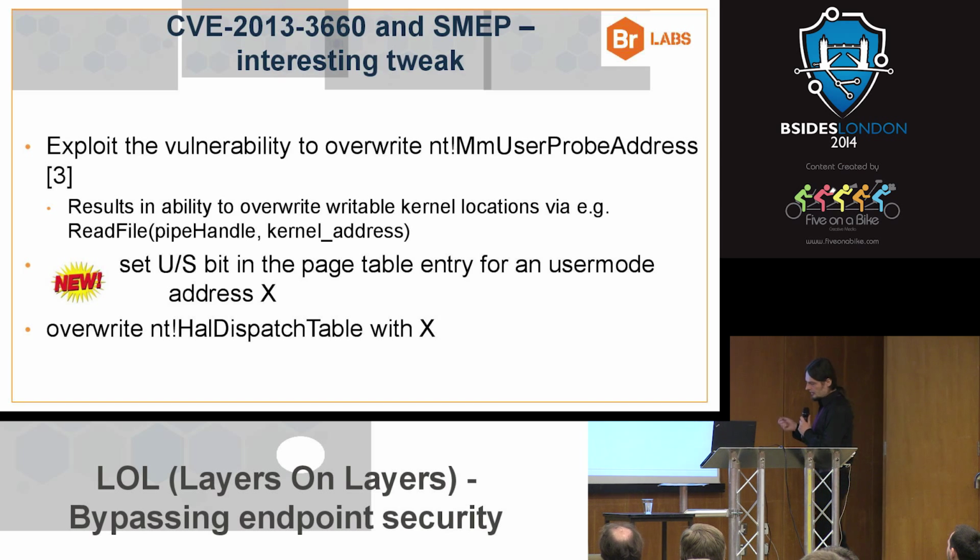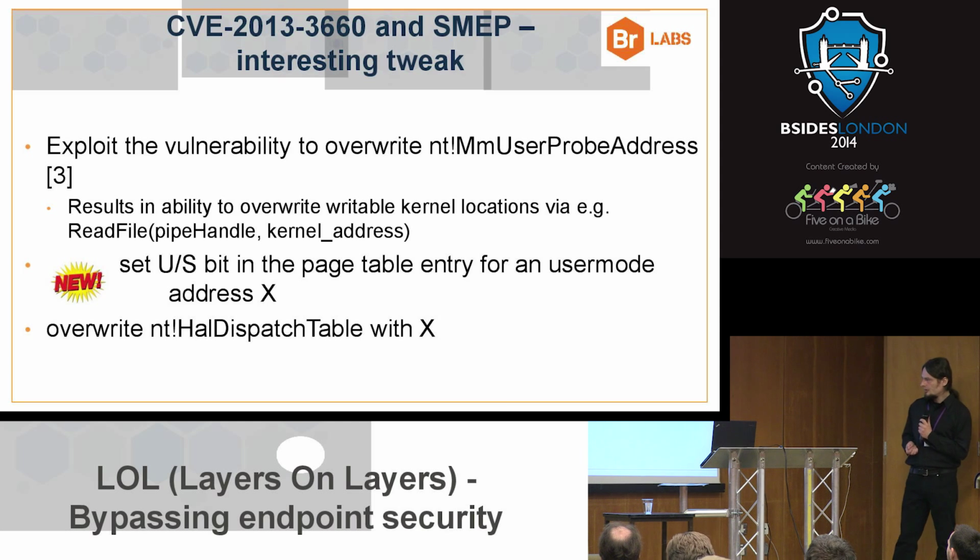So the flow is: you prepare your shellcode in your user memory, and then using this vulnerability, you mark your user memory as kernel, right? From this moment on, this page looks like kernel mode. Then you proceed as before, by corrupting some code pointer and diverting execution to X.